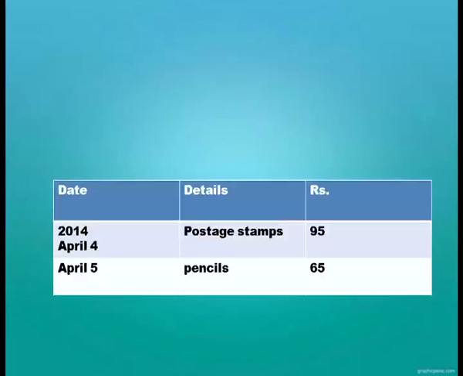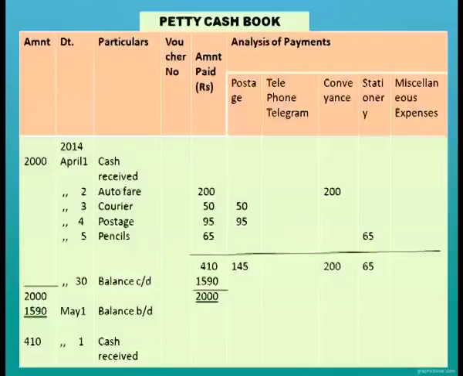Some expenses I have given: auto fare, courier services, postage, pencils, etc. So, in the petty cash book, how will it come? In the petty cash book, amount received, cash received on April 1st, 2014, 2000. On the debit side, you are writing. In the cash book also, you will write on the debit side, cash received.